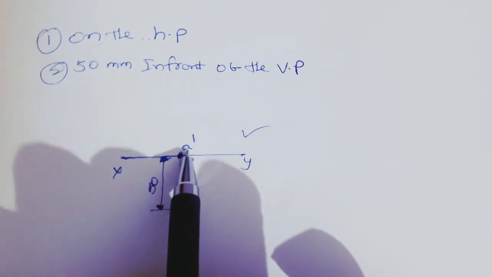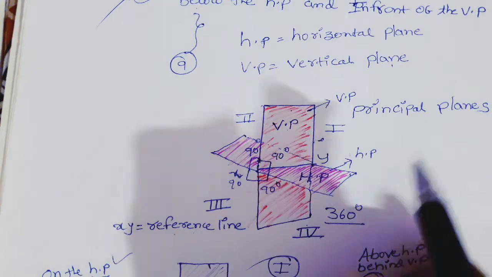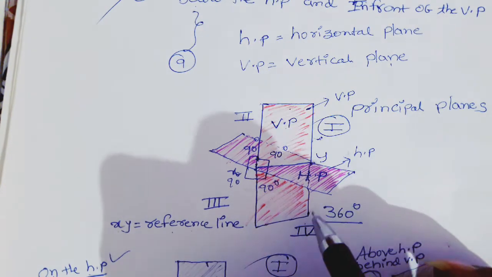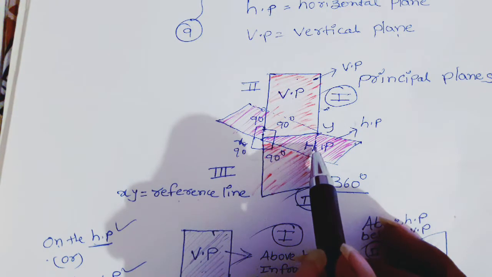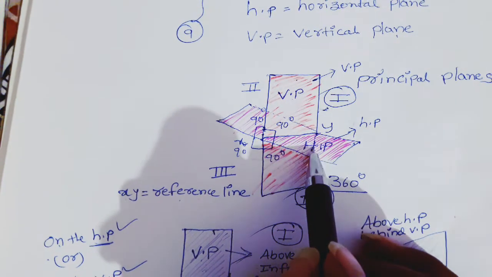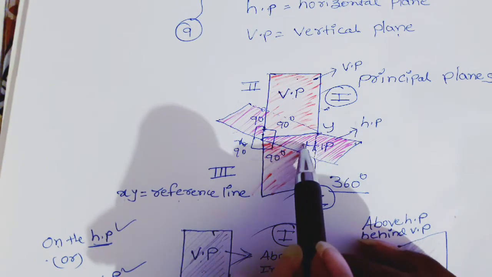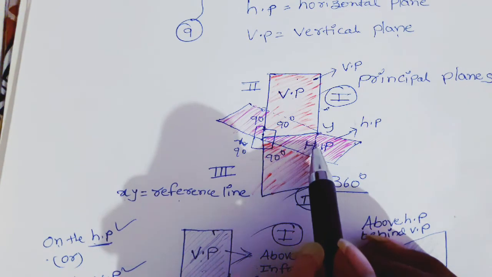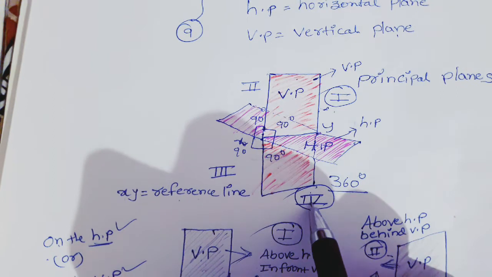Okay, XY reference line. See here, this is the first quadrant, this is the fourth quadrant. So on the HP, he has given on the HP in front of the VP, right? In the previous problem, on the HP in front of the VP. On the HP, whether the position of the point is in the first quadrant or the fourth quadrant, we don't know.